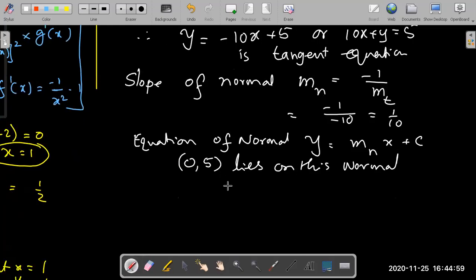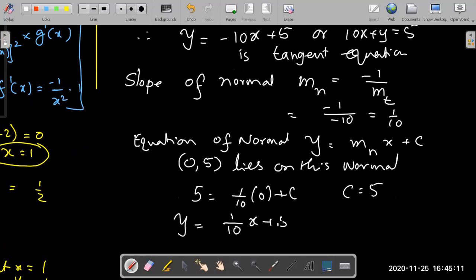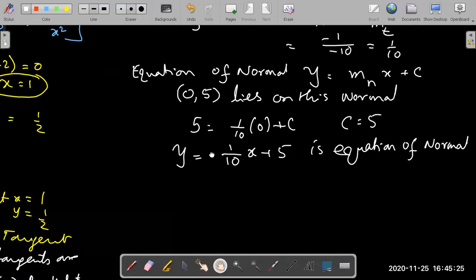So 5 is equal to 1 by 10 into 0 plus c, so c is equal to 5. So y equals 1 by 10 x plus 5 is the equation of the normal. For each one we have to do it this way. We have another 4 more to go.